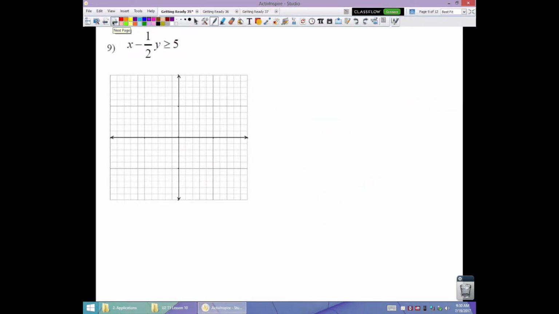Okay. Number 9, again, just one inequality, not a system. So let's start by solving for y. So I will subtract the x on both sides. I will have negative 1/2 y. I've done nothing to indicate I should change this symbol, so greater than or equal to negative 1x plus 5. Now to get rid of that negative 1/2, what we do is multiply by the reciprocal, which would be negative 2 over 1, or just negative 2.